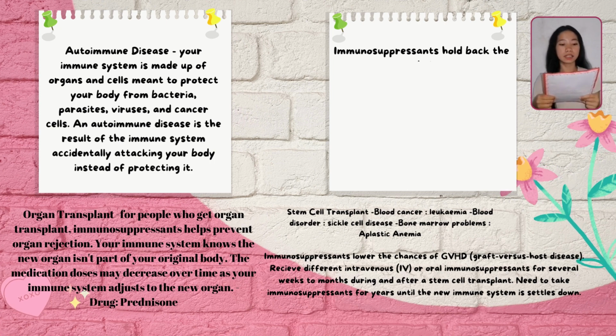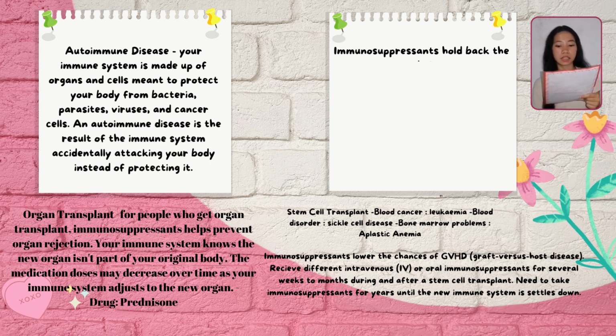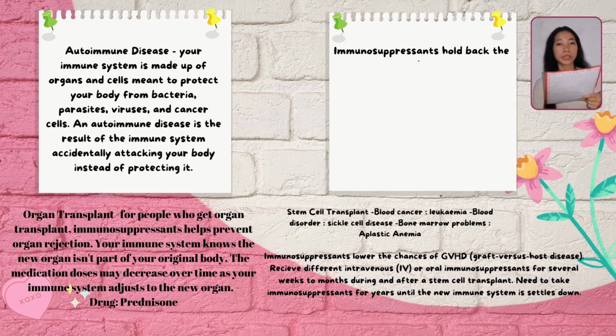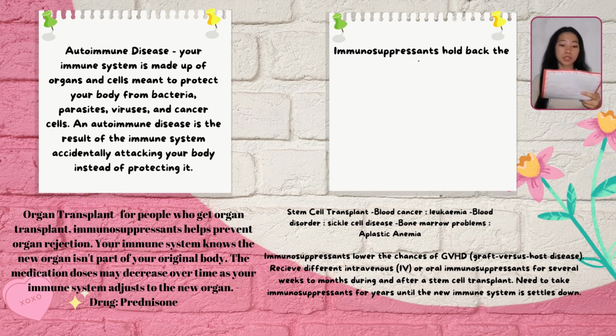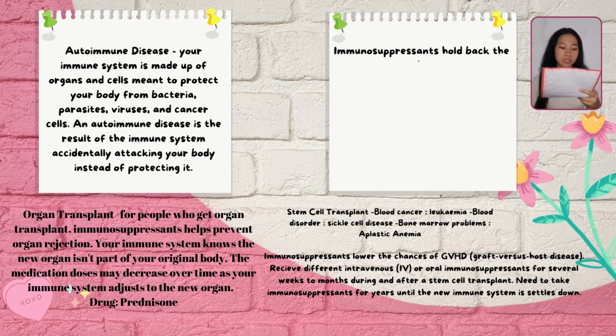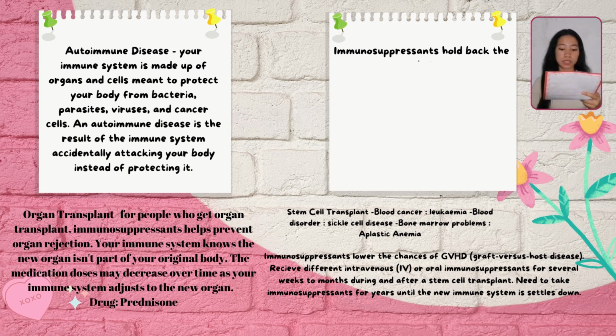And lastly, stem cell transplants can treat many conditions, including blood cancers like leukemia, blood disorders like sickle cell disease, and bone marrow problems like aplastic anemia. So the immunosuppressants lower the chances of GVHD, which is the graft versus host disease.